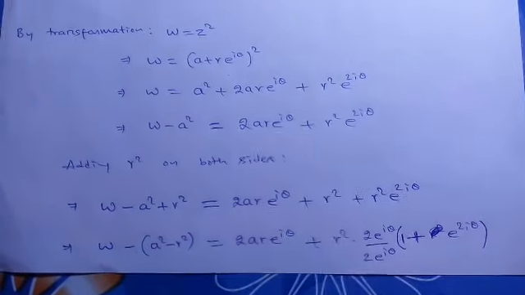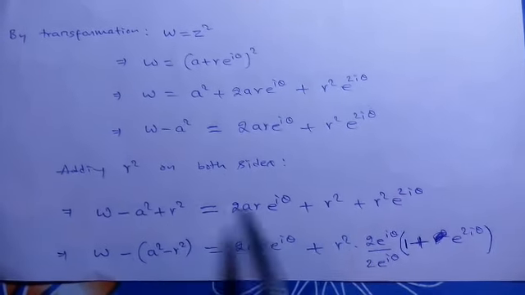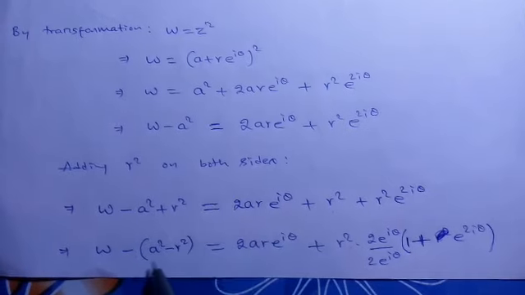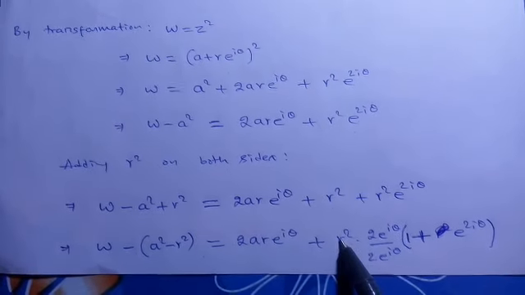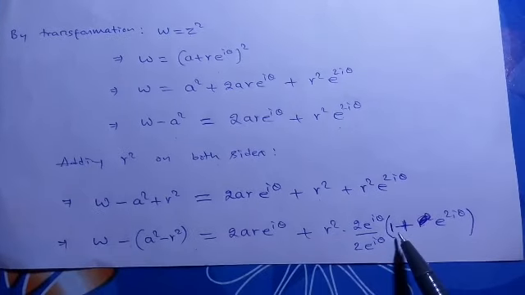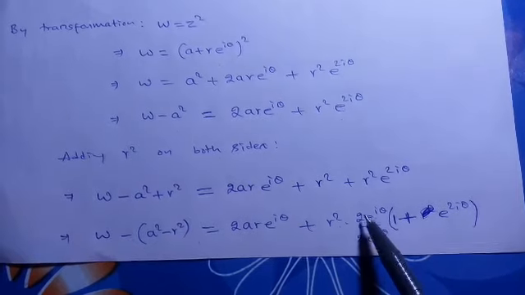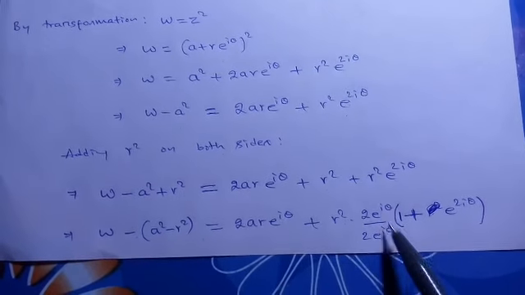Next, by adding r square on both sides, we get here also r square, here also r square, and this can be written like this. Here r square is common in both the terms, take it outside. So the remaining term is 1 plus e power 2 i theta. Here divide and multiply by 2 e power i theta. Multiply and divide.